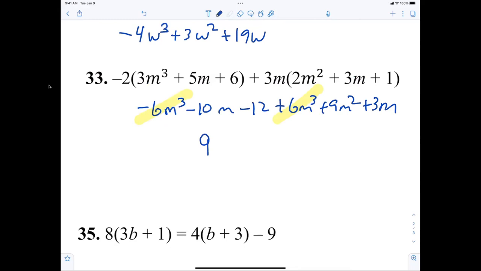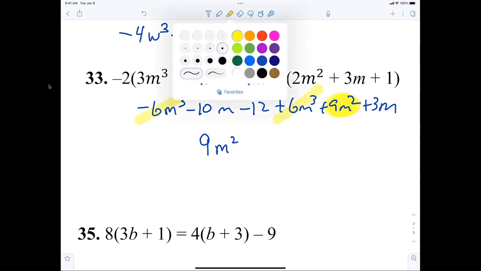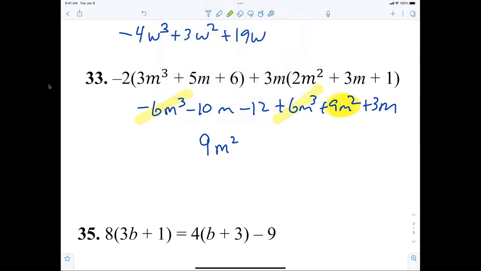Whoa, look right here, kiddo. Are there any more m squareds? No. But it would just be 9m squared, wouldn't it? Right, 9m squared. Then we're looking at the m's. Yes, that would be negative 7. And then that's 12. Yep.